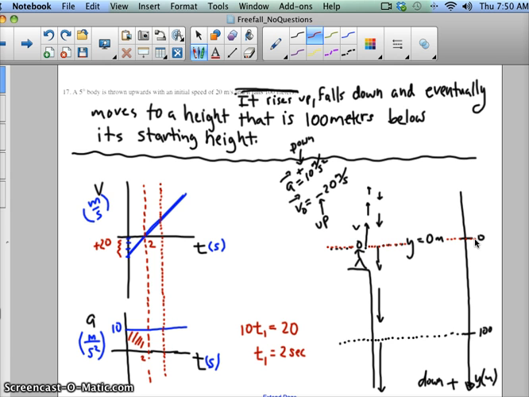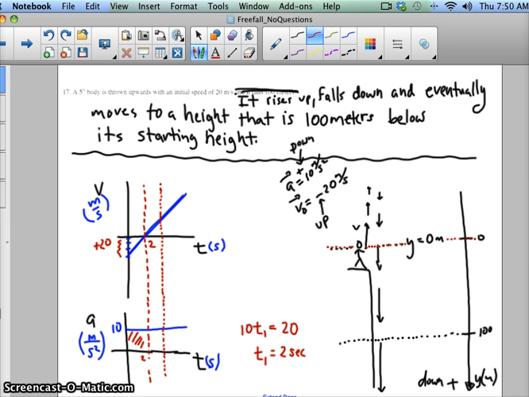So when the ball is here and when the ball is here, or the body, whatever it is, its final position and initial position are identical. Thus, you subtract them and you get 0 for your change in position.